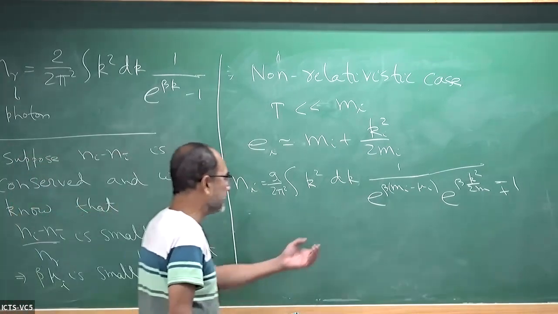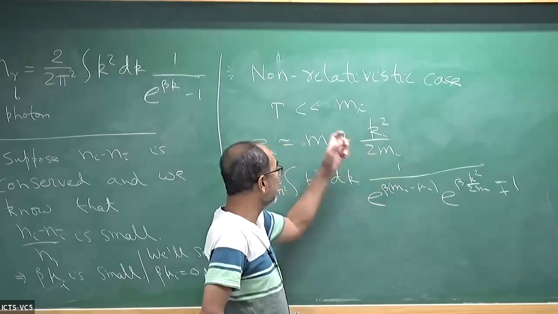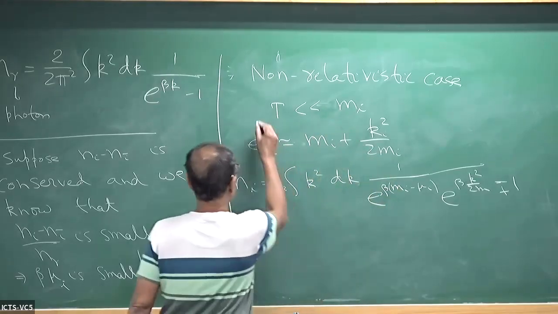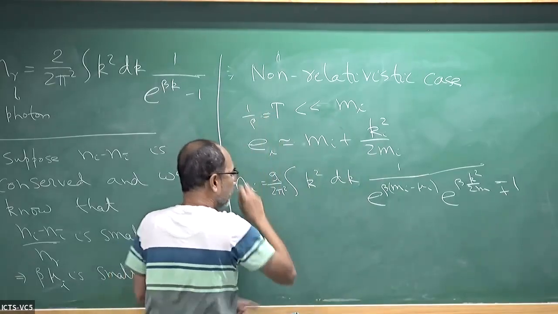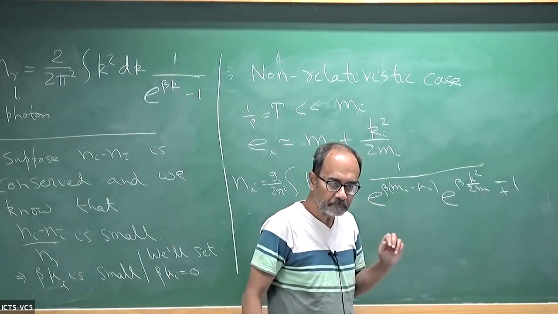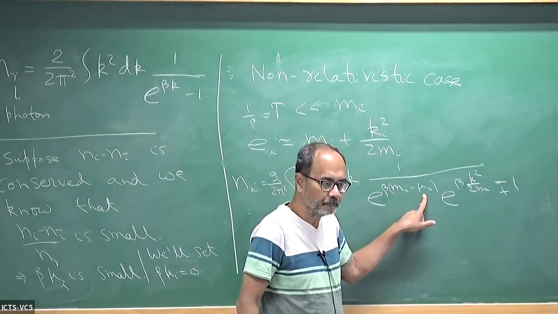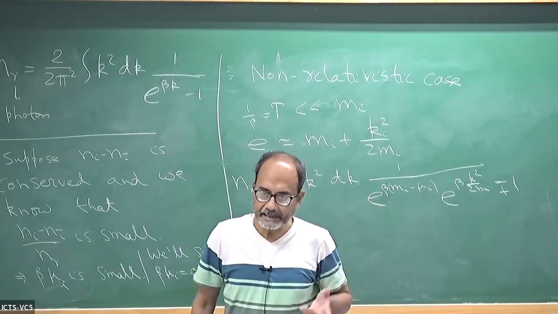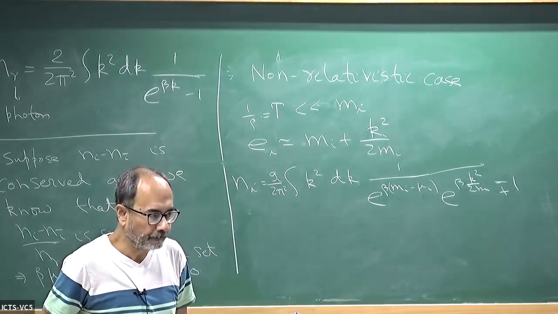So beta M_i is large, because T by definition is small compared to M_i, and T is 1 over beta. So beta M_i is large. Let's suppose that beta mu_i is small, as we assumed earlier. There is also a contradiction in assuming that beta mu_i is small, but let's suppose that it is.